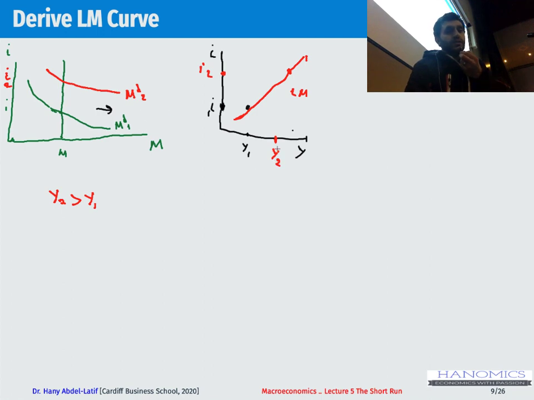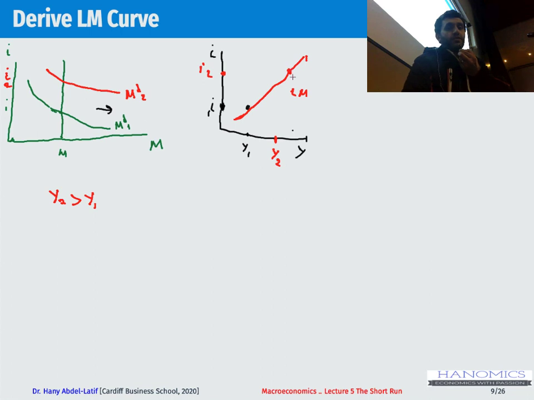This is associated with a higher real income, which means Y2 is greater than Y1, so I put it on the right side of Y1. What has happened is that the interest rate has gone up to I2, which I just identified here, the same level, I2.